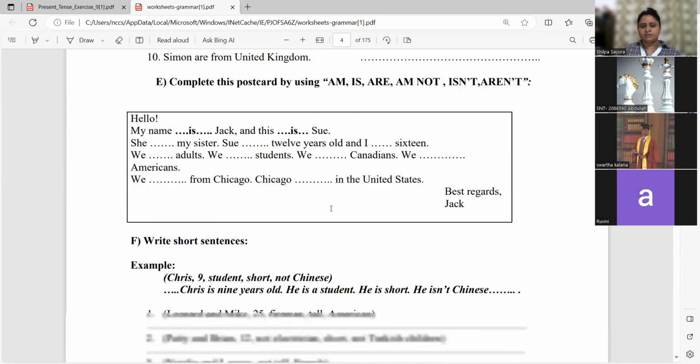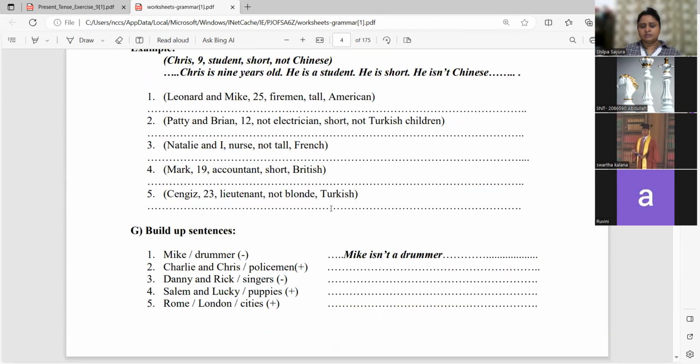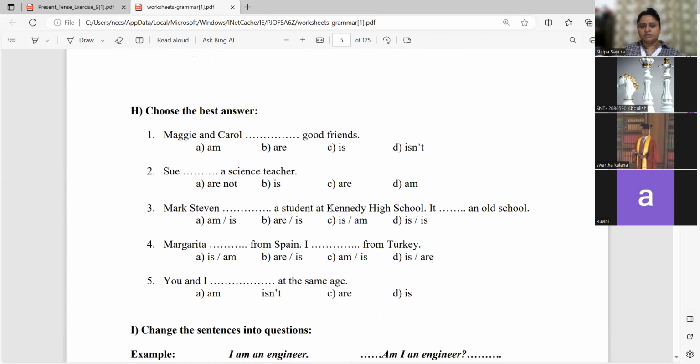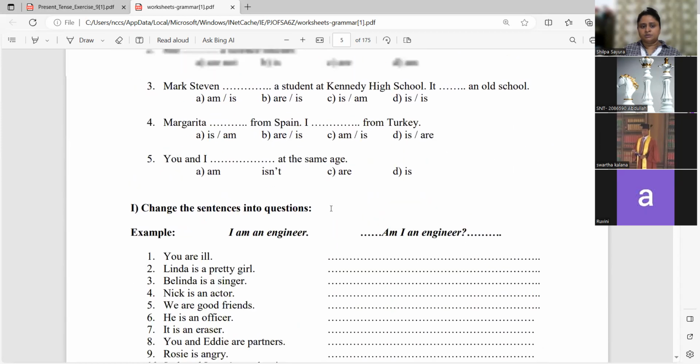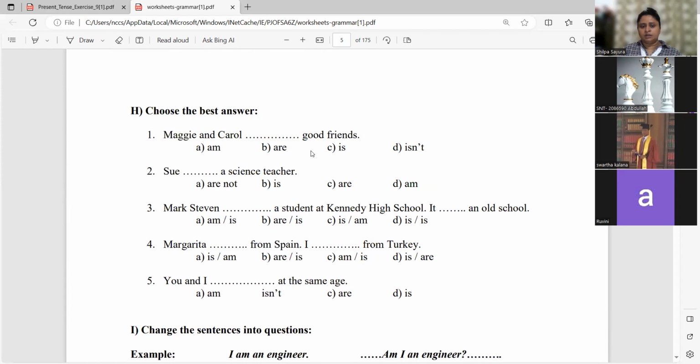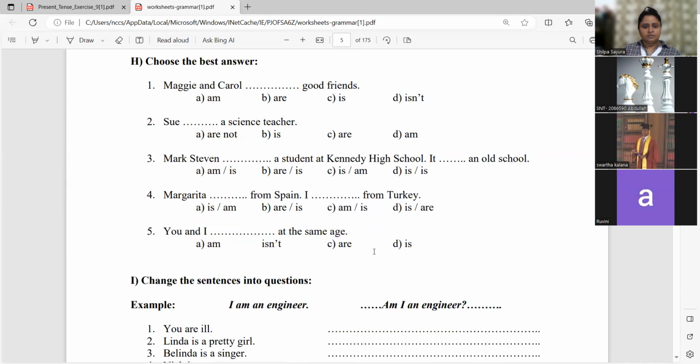So likewise, there are quite a many exercises, right? And I will share the link with you, then you can do them on your own. So these are based on am, is, are. Okay. Until you do that, right?